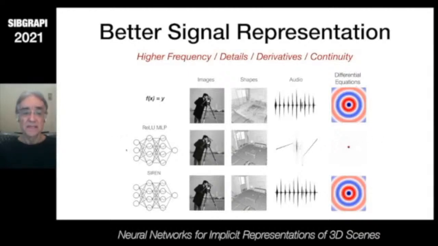And as we can see here, the regular ReLU MLP cannot reconstruct an image faithfully. So it gives blurry results and cannot reproduce the details of the image. In the case of shape reconstruction by implicit function, the result is very noisy and cannot capture all the details of the geometry.